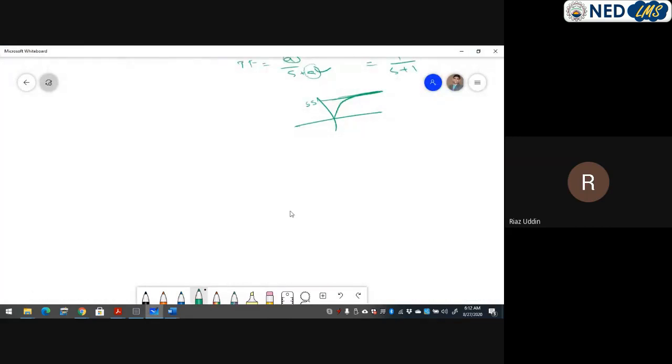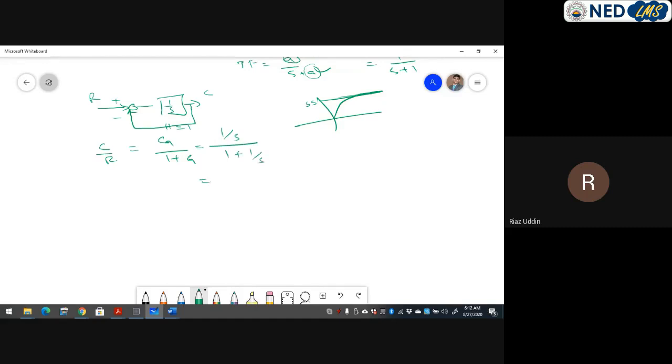For example, if you're giving a feedback with 1 upon s here, this is your r and this is your c, and you get a feedback from plus to minus, then what happens? C upon r, in this case, is g upon 1 plus g, because this is a unity feedback, so h is equal to 1, and g is 1 upon s, upon 1 plus 1 upon s.